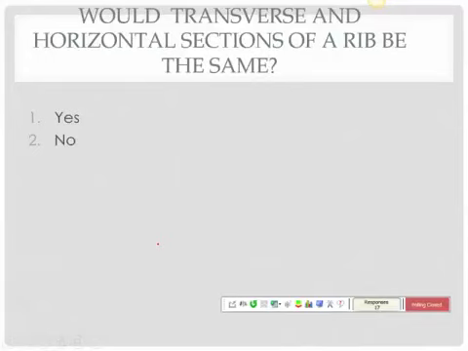Okay. How about this question? Would the transverse and horizontal sections of a rib be the same?